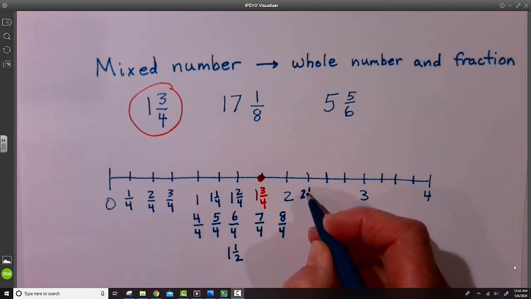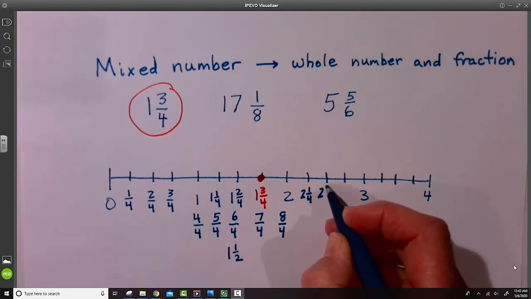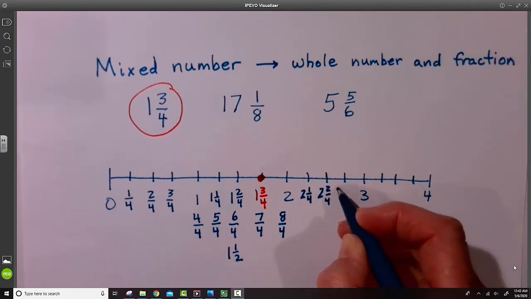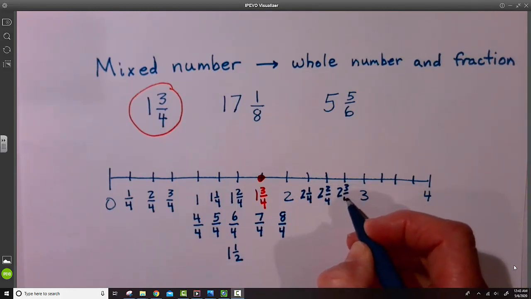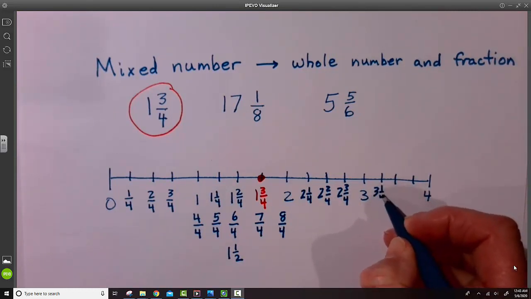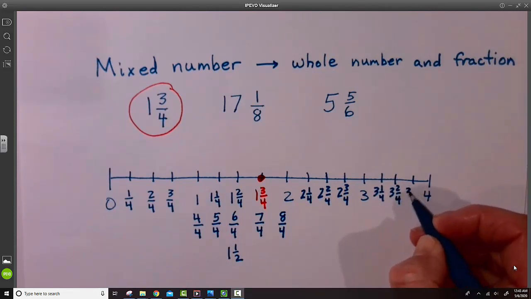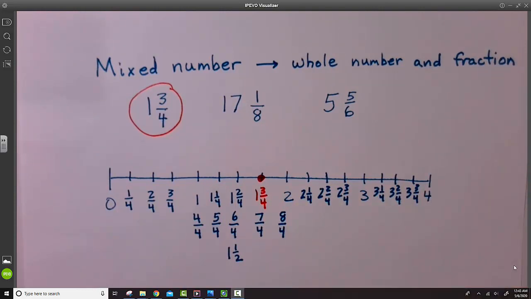And we'll just do our mixed numbers. 2 1/4, 2 2/4, 2 3/4, 3, 3 1/4, 3 2/4, 3 3/4, 4. So a little tight. We know that the spacing was not even.